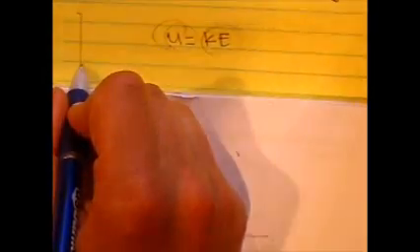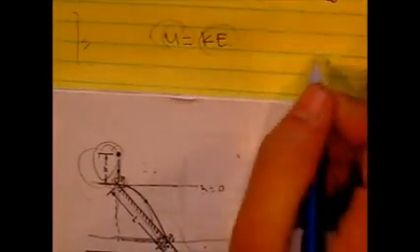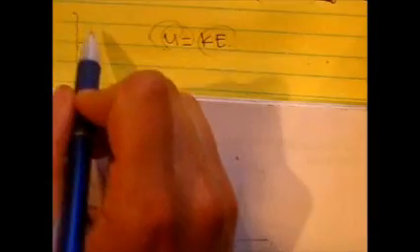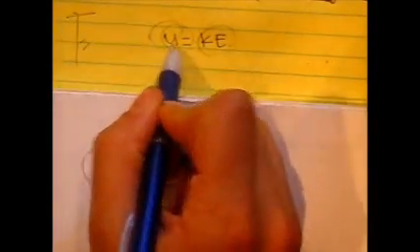Basically, as a ball falls down through a gravitational field, it converts into kinetic energy, and through the conservation of energy, these two will end up equaling each other.